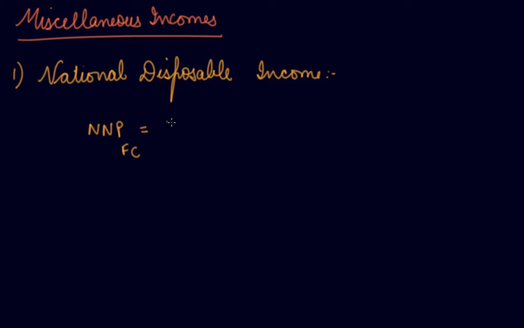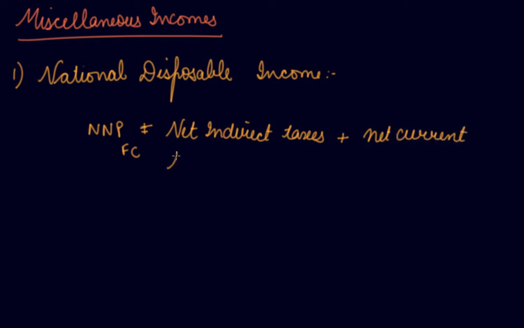But national disposable income includes your NNP at FC plus your net indirect taxes plus your net current transfers from the rest of the world.